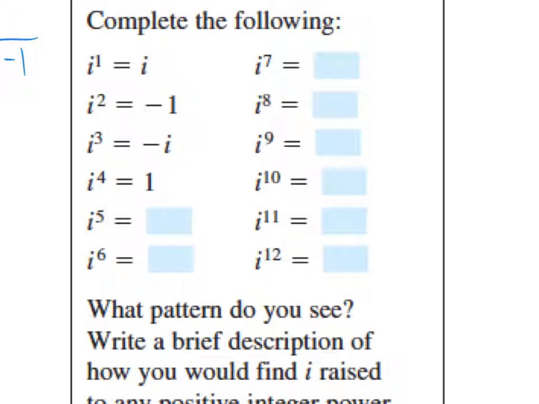So this is the same thing as taking i to the 4th and multiplying it by another i. So what does that equal? It equals i, because i to the 4th was just 1. i to the 6th is just like taking i to the 4th and multiplying it by i squared. Well, i to the 4th again is 1, and i squared is negative 1. So I just have a 1 times a negative 1, which is negative 1.